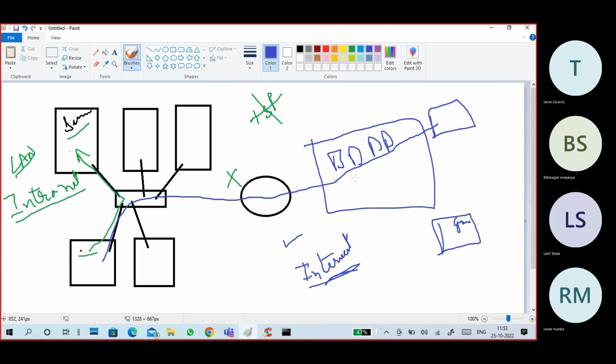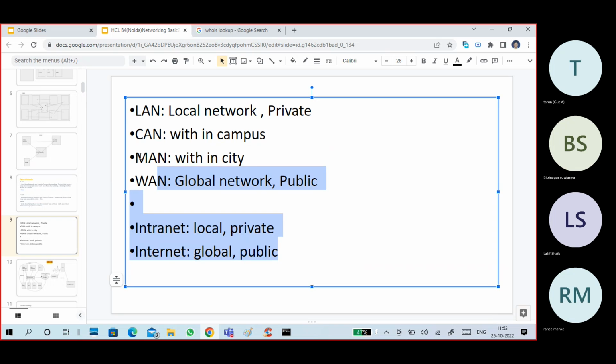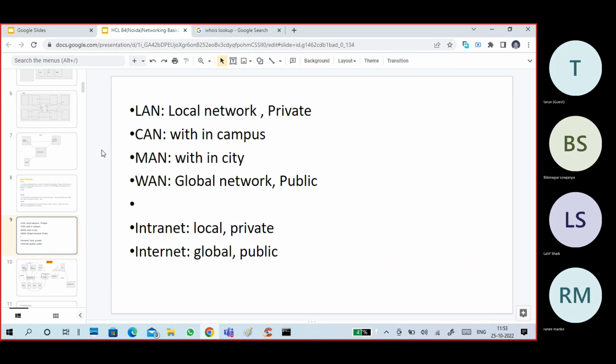We are accessing publicly, so an internet connection is required, and of course we need a router and modem kind of stuff. That is the difference between intranet and internet. You guys understand LAN, WAN, CAN, intranet and internet. Intranet means a local, private network, like a LAN, within the LAN.